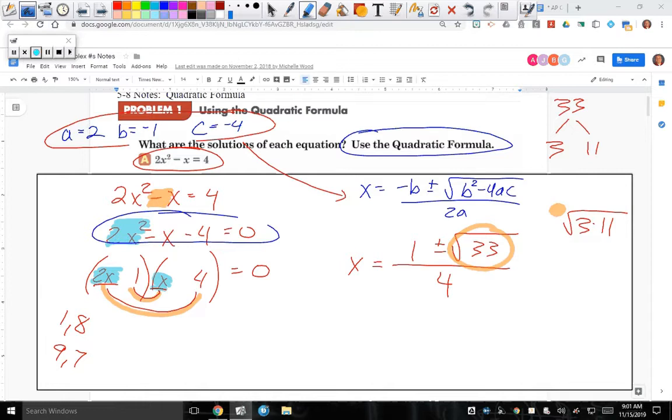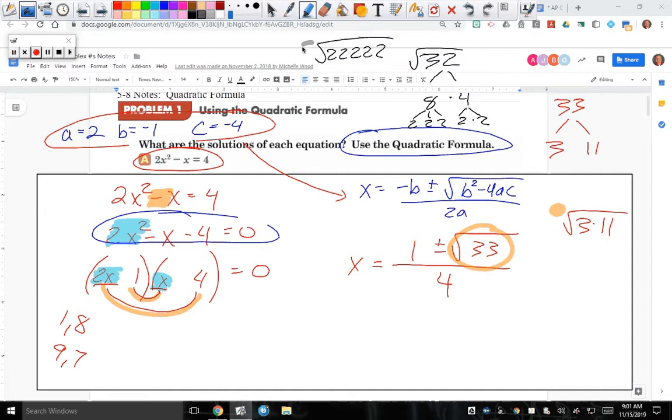Okay? For instance, real quick, since we didn't talk about it, 32 can be broken up into 8 times 4, which can be broken up into 2, 2, 2, 2, 2. Okay? So there's five 2's that you could write. That's the same as taking the square root of 32.